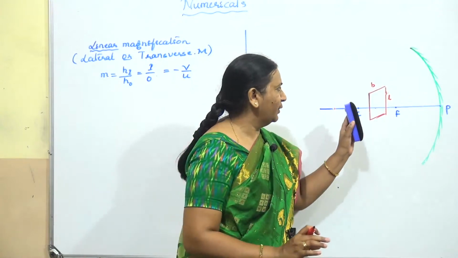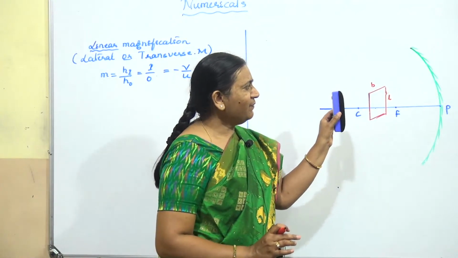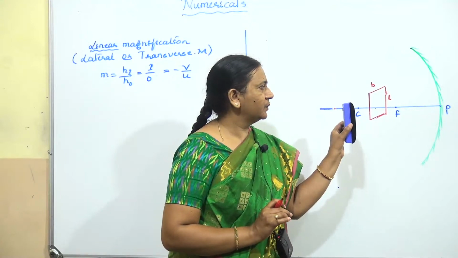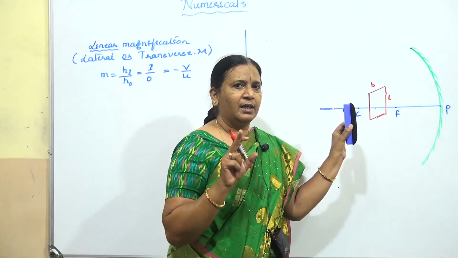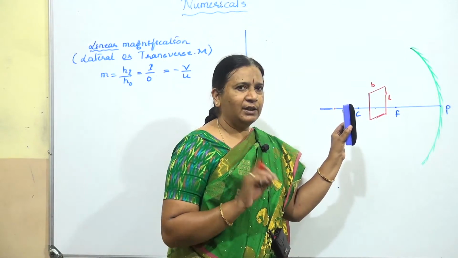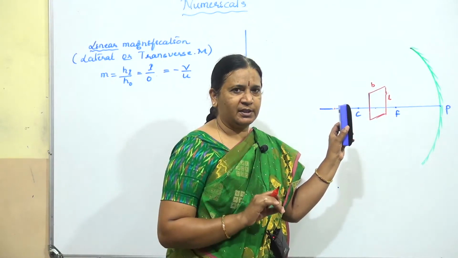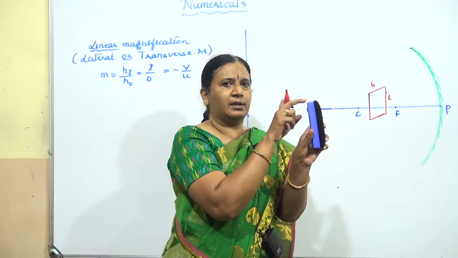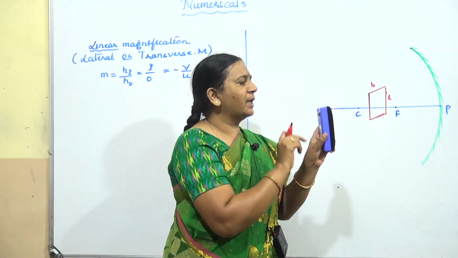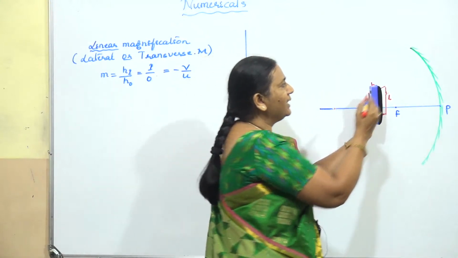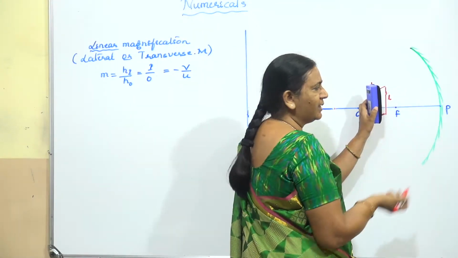Now listen carefully. If I have kept it like this, where the image forms depends on the focal length of that mirror and the object distance. Now take every point of the breadth. Every point of the breadth is at the equal distance from the mirror, the same distance.